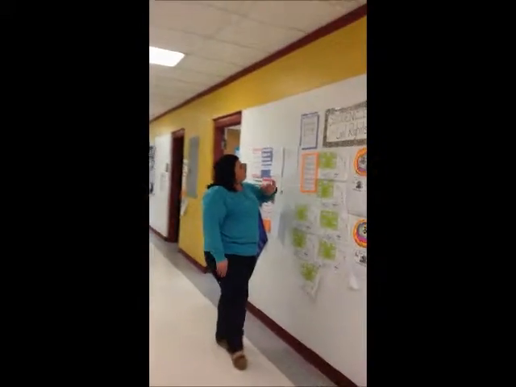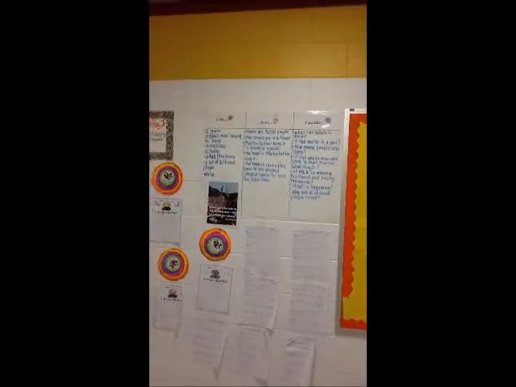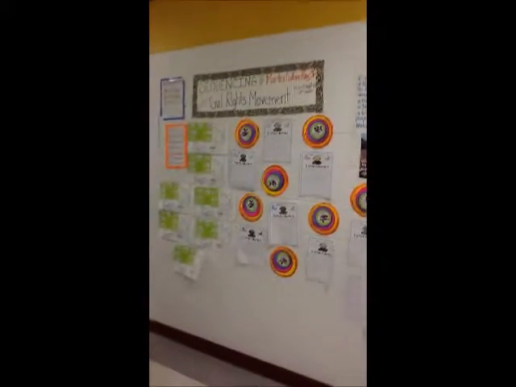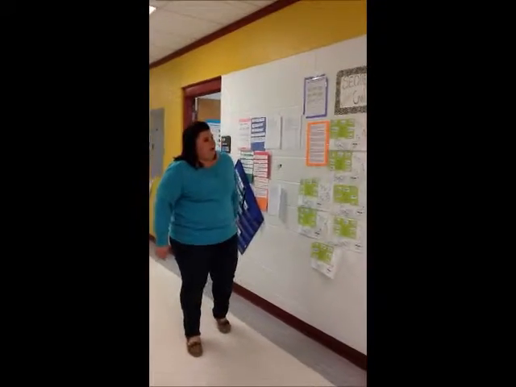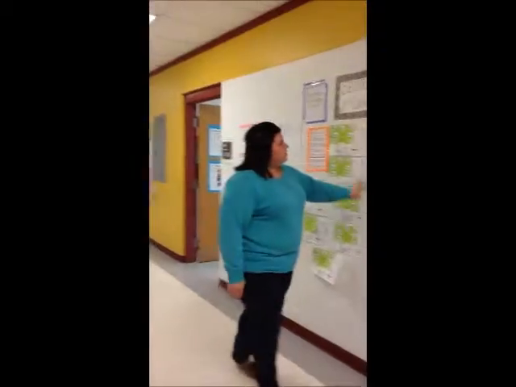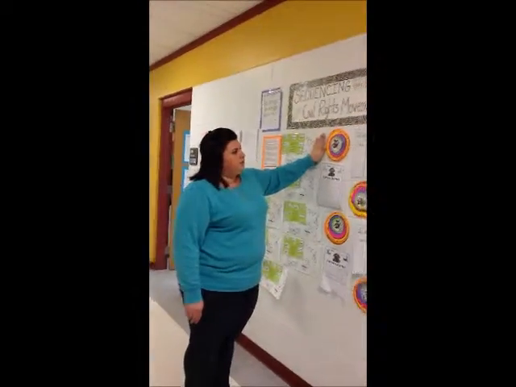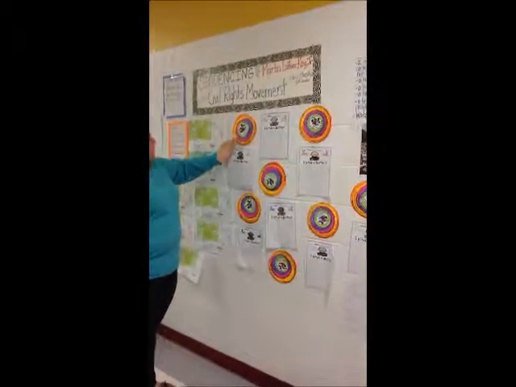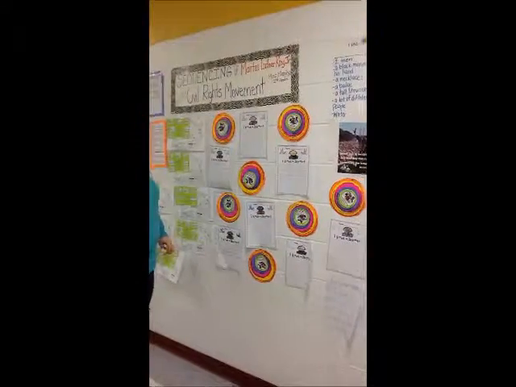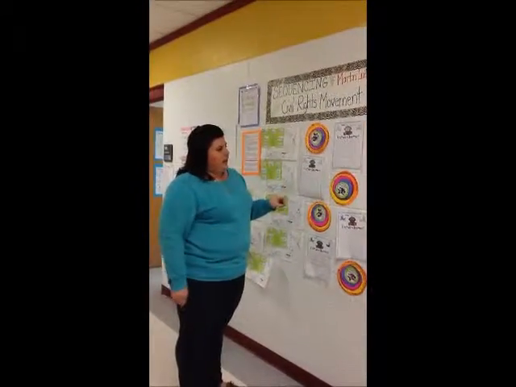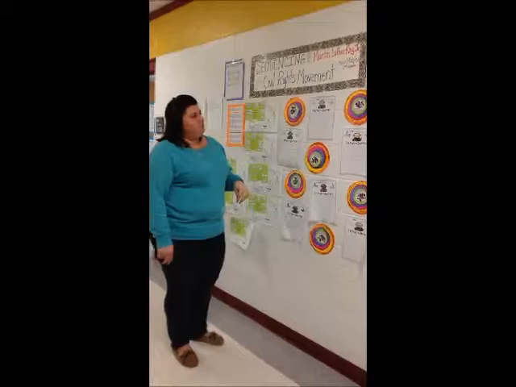And the other DOK2, construct sequence circles using important events in the life of Dr. Martin Luther King Jr. Choose one event and change it and describe what might happen. So the students used these sequence circles that already had dates and events that happened, and they were spread out, and they had to find them and put them in sequential order.